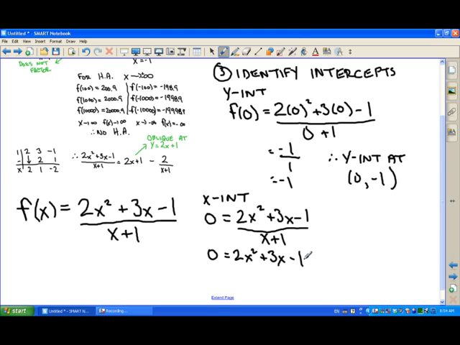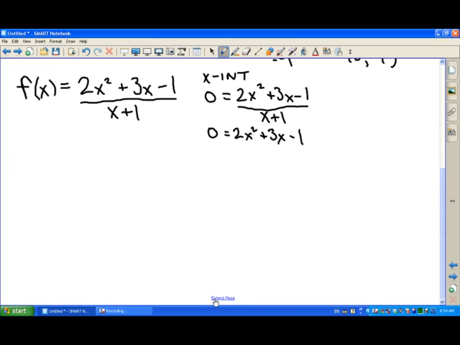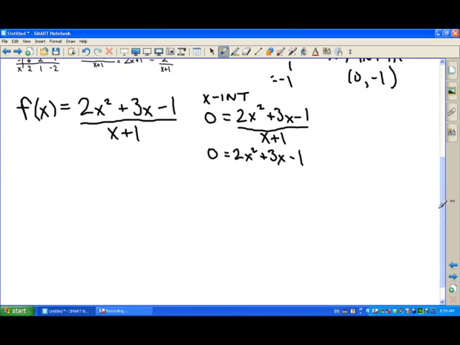At the beginning of this question, we realized we couldn't factor. So there is still something that we can do to find the x-intercepts. We can use the quadratic formula. So x is equal to negative b plus or minus the square root of b squared minus 4ac all over 2a.